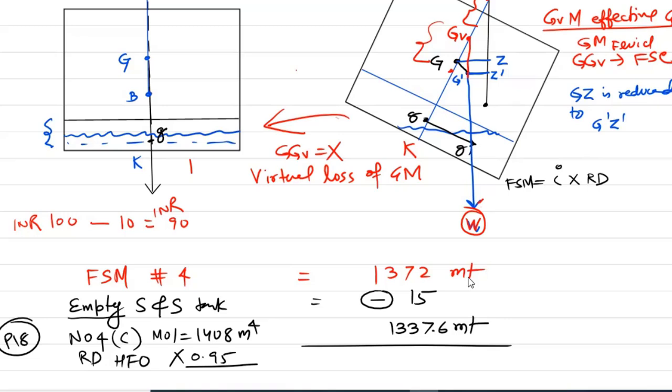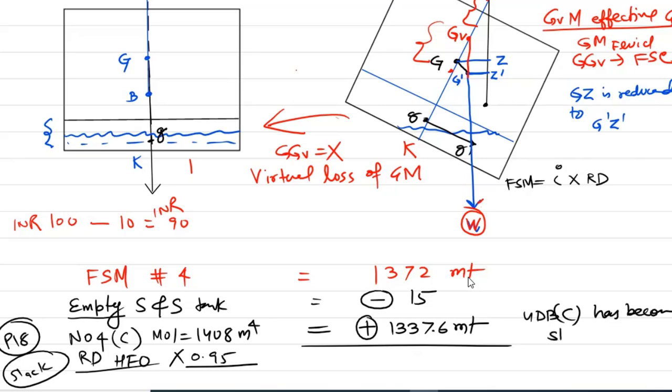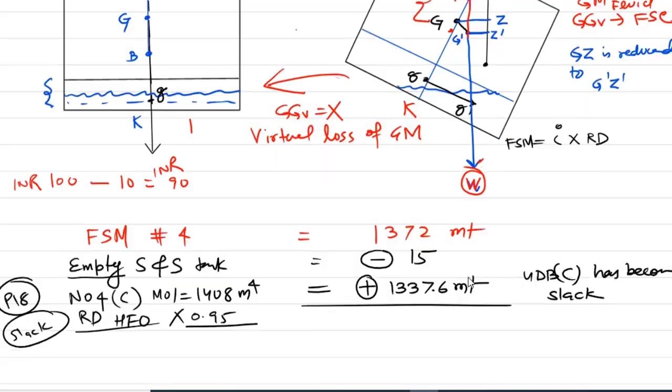The capacity was 257 and we put only 131. This tank is slack. So this free surface moment has to be added, because number 4 double bottom center has become slack. Makes sense?